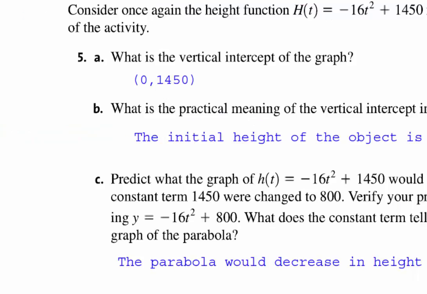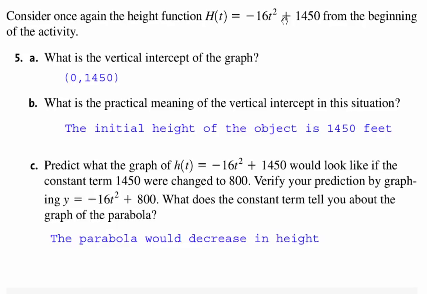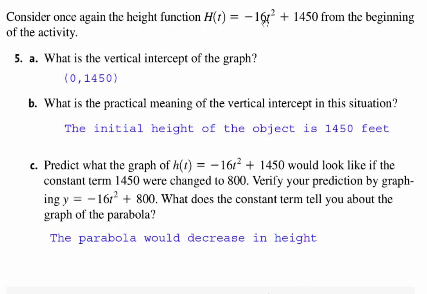So thinking about our problem, there is no b term, so a would be -16. C is 1,450. So the vertical intercept would be at time 0. My height is 1,450 feet. We could always find this by substituting in 0 for t and solving for h.